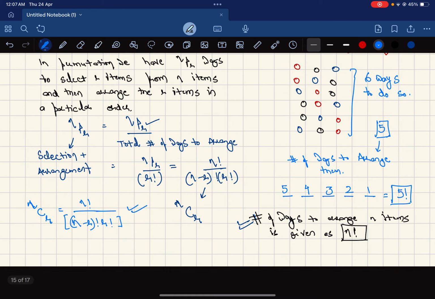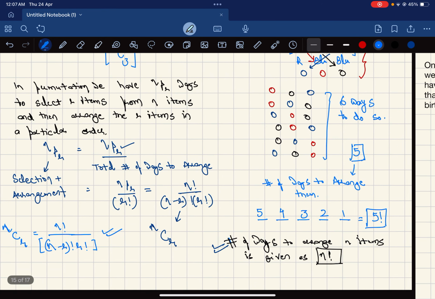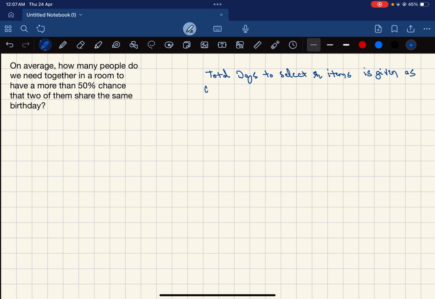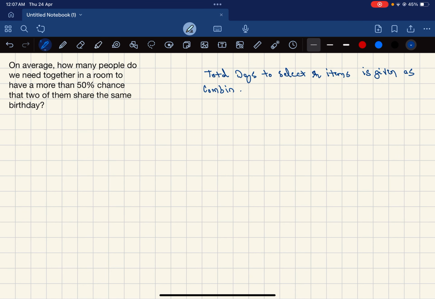So just to recap here, after which we'll move to a particular question, let's recap what we have learned till now in this particular session. Total ways to select r items is given as the combination operator, and it is computed as nCr.